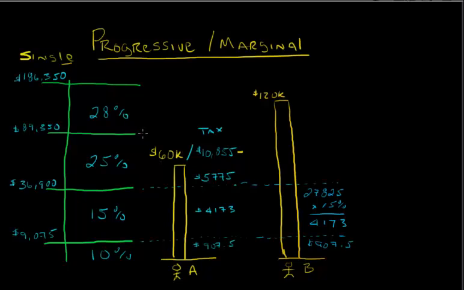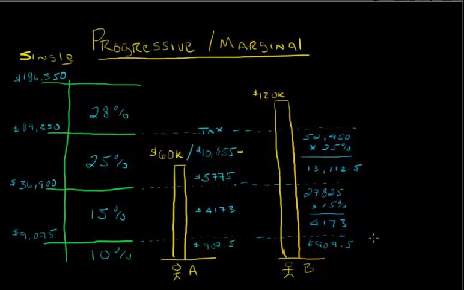Now, though, we're going to go all the way to the top of that 25% bracket. Okay? Coming all the way to the top of this gives us a number of $52,450 times 25%. Okay, so that gives us a tax of $13,112.50.